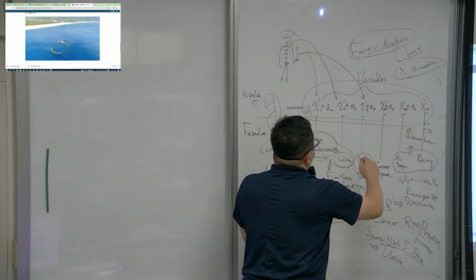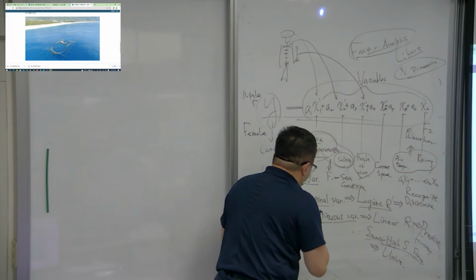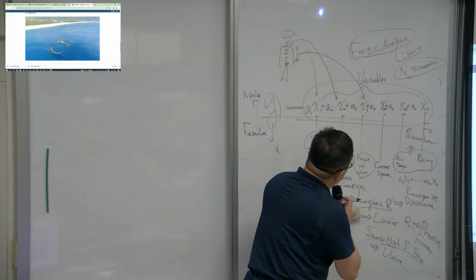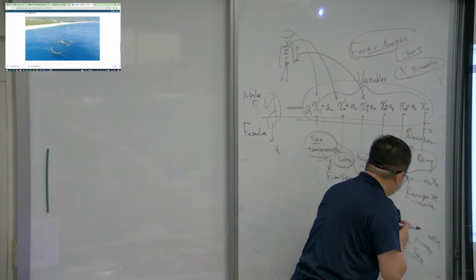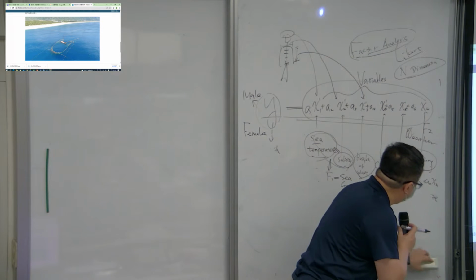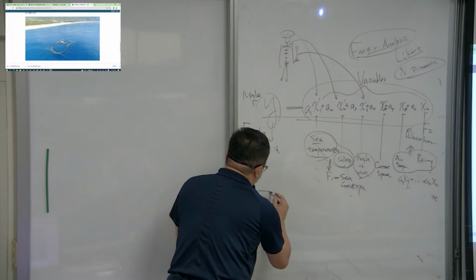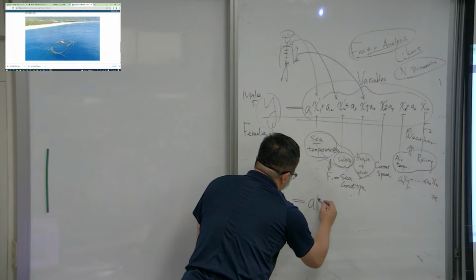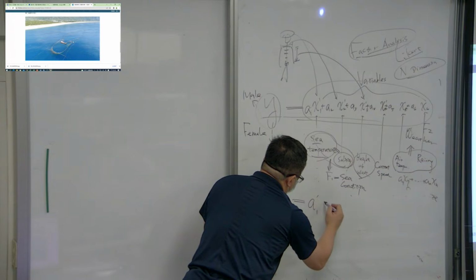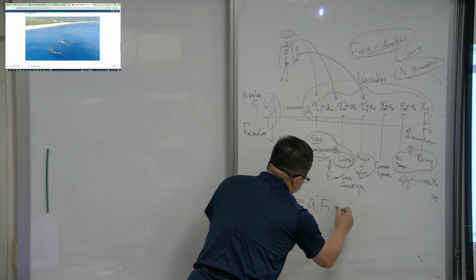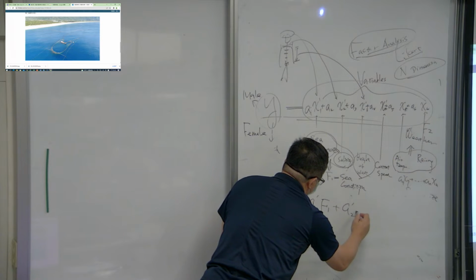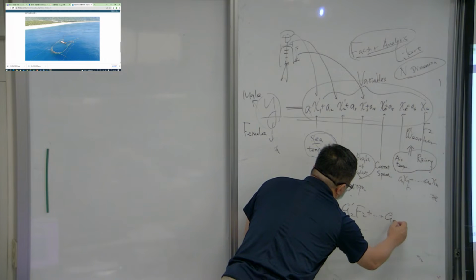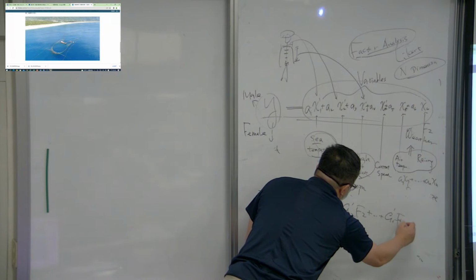So after factor analysis, we can rewrite our regression as A plus factor 1, factor 2, maybe only 5 factors.